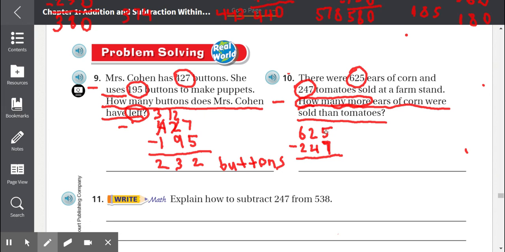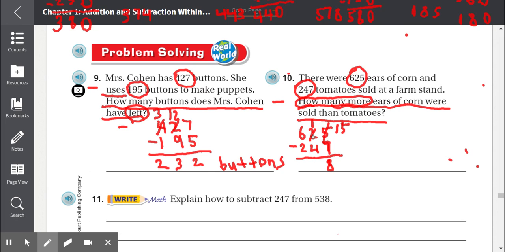So we have to borrow from the tens place. This 2 becomes a 1, and this 5 becomes a 15. So now it's 15 minus 7. 15 minus 7 is 8. And the tens place is no longer 2 minus 4, it is 1 minus 4.